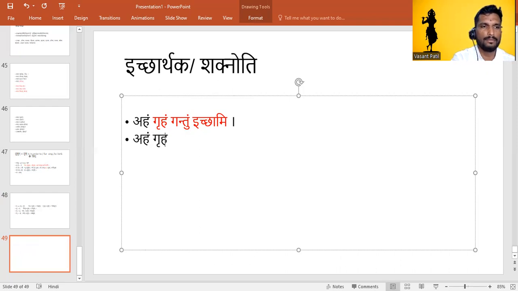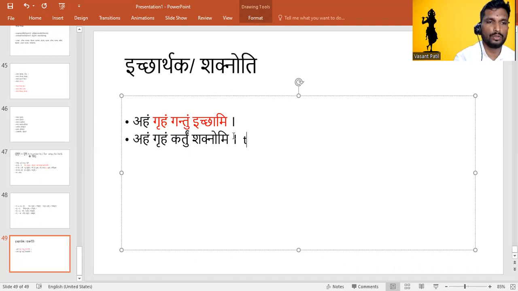Aham gruha karyam. Now I will give a shaknoti example. Aham gruha karyam kartum shaknomi. So I am able to do. Here kartum means to do.